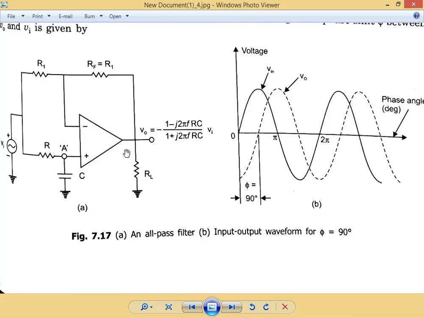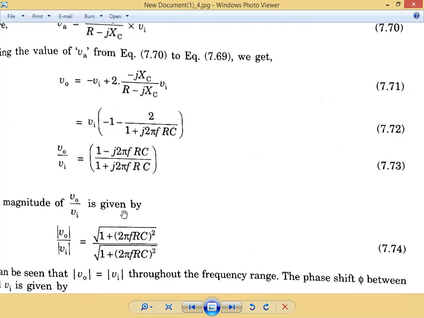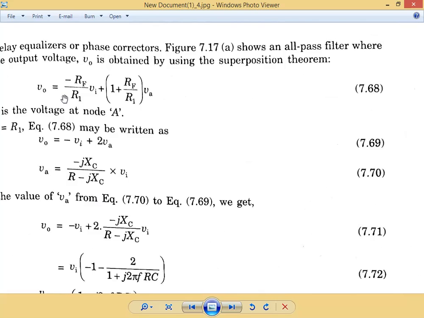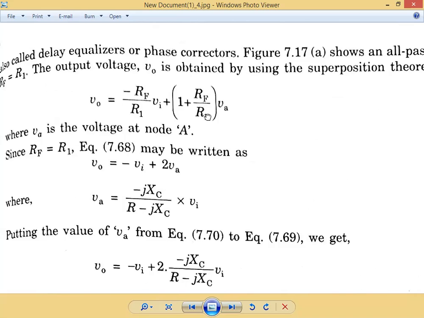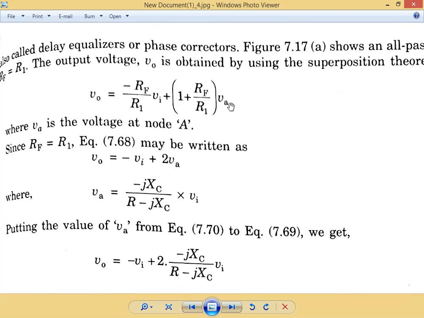So V0 is equal to minus RF by R1 into VI plus 1 plus RF by R1 into VA, where VA is the voltage at node A. As RF is equal to R1, this equation becomes V0 is equal to minus VI plus 2 into VA.